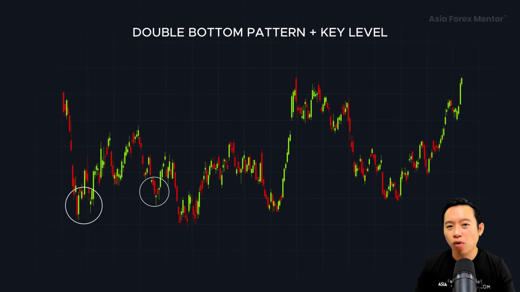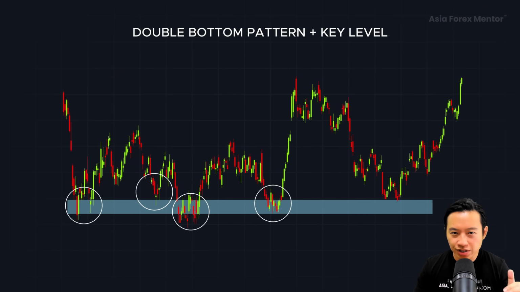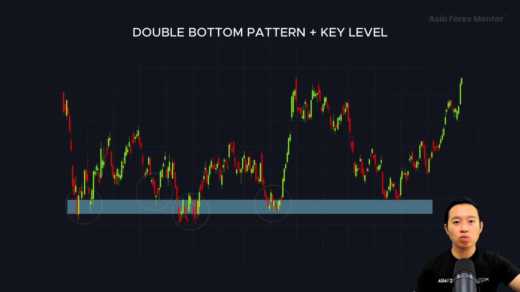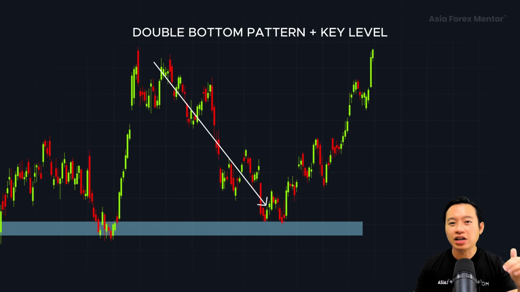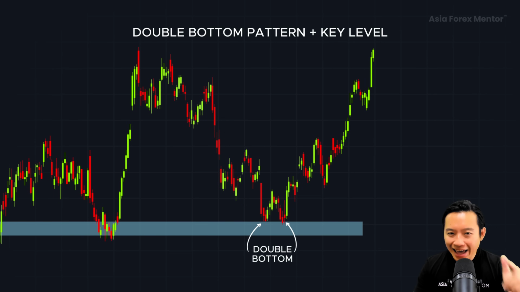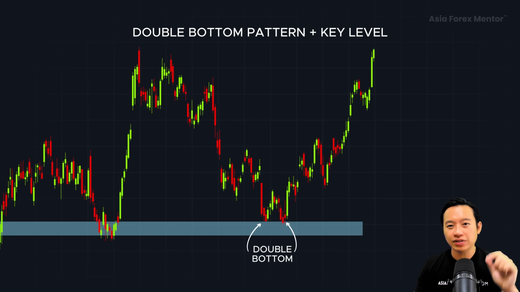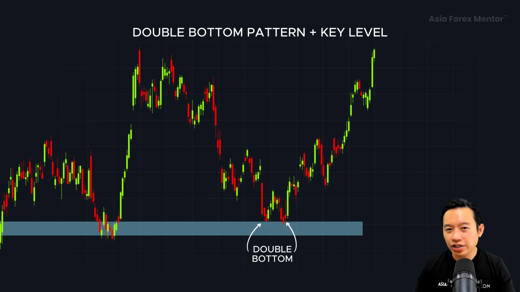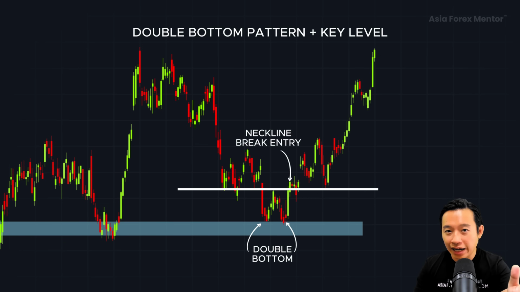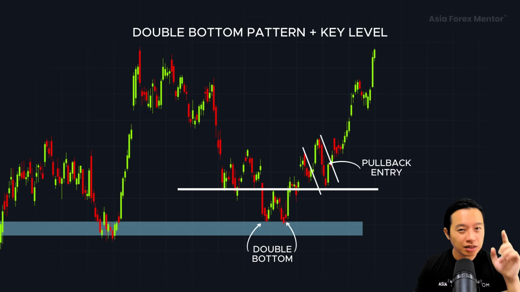All these reversal points give you a crucial support zone with a swing low. So price comes down and creates the double bottom at the very key level. You can take your entry at the break of the neckline or through the pullback here.